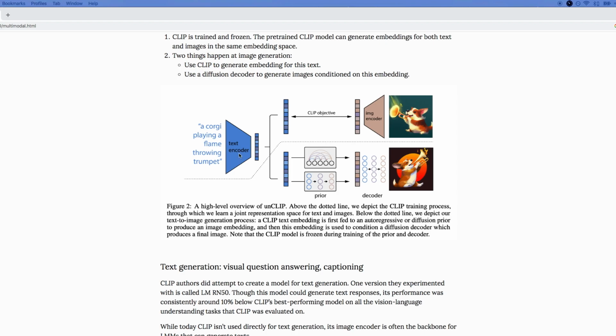So they basically fine-tune CLIP, and then after that they use a diffusion model. Yeah, so as described here, use CLIP to generate embedding for this text. Use a diffusion decoder to generate image conditioned on this embedding. Note that the CLIP model is frozen during training of the prior encoder.